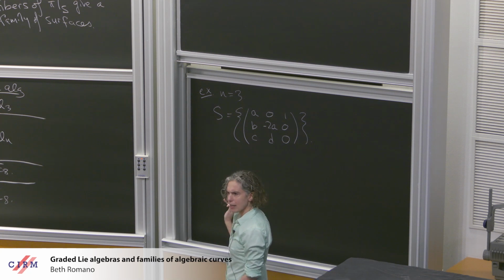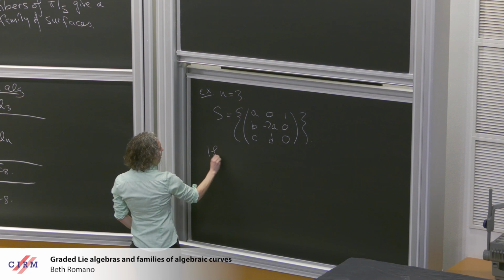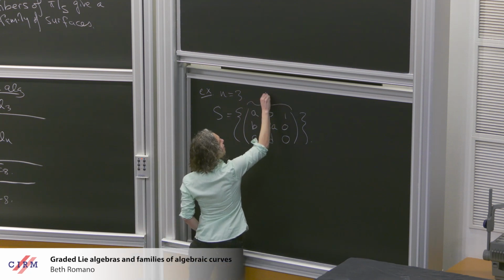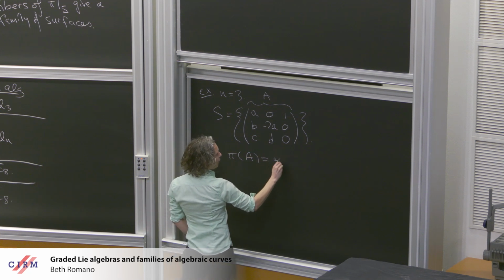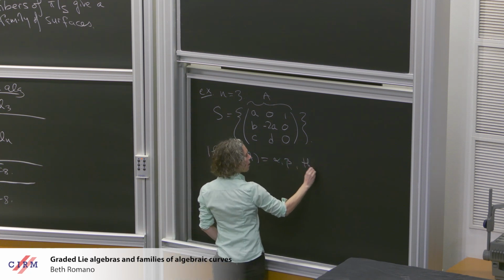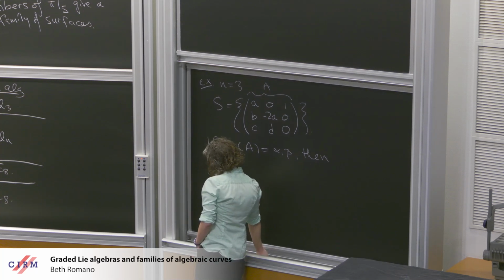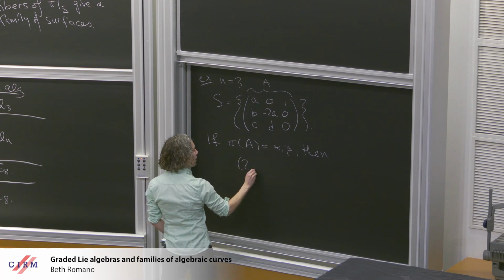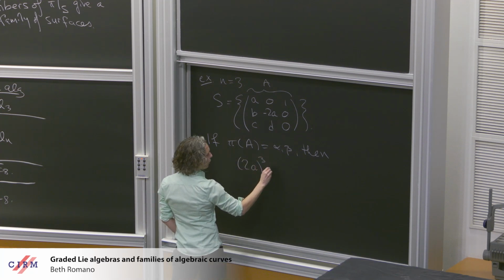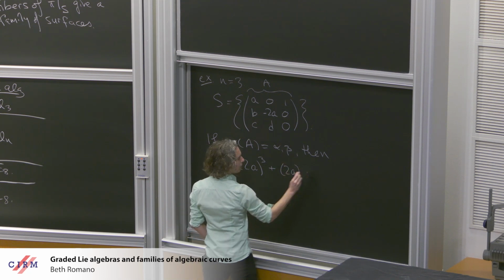And you can work this out if you get bored, but say this is a. So if pi of a is alpha, beta, then a satisfies the following equations. It satisfies 2a cubed plus 2a times alpha.